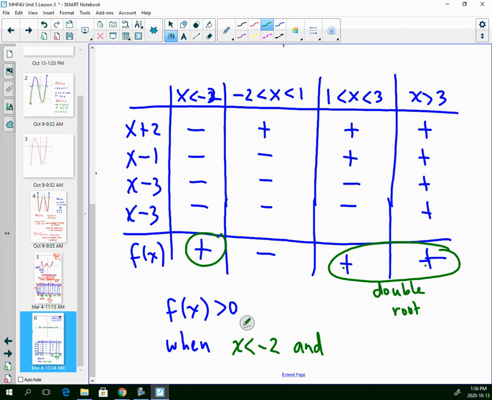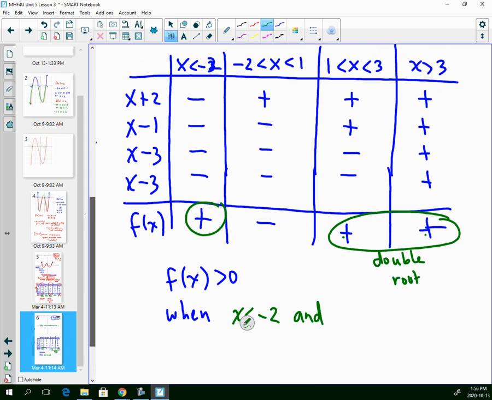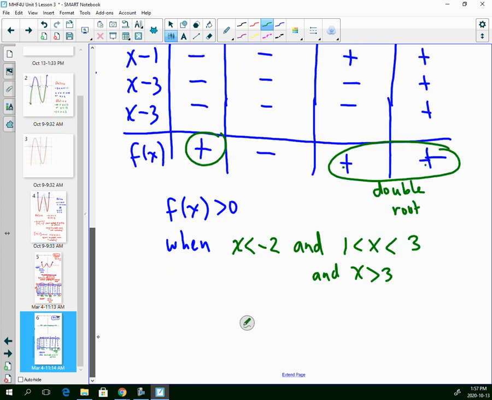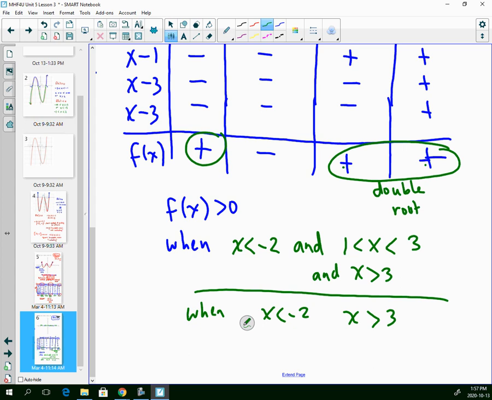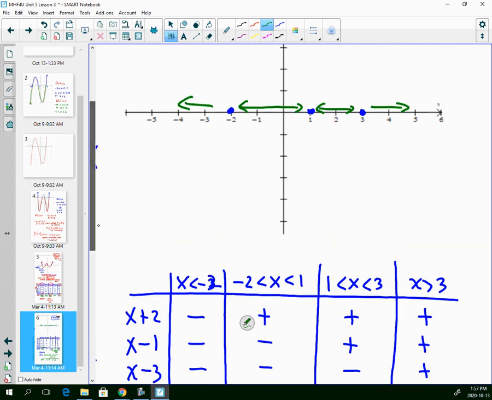And you can write this as one interval or 2. It doesn't really matter. I could say between 1 and 3 and greater than 3, or we could say when x is less than -2 and greater than 3, right? Because I can combine these two because the sign doesn't change.